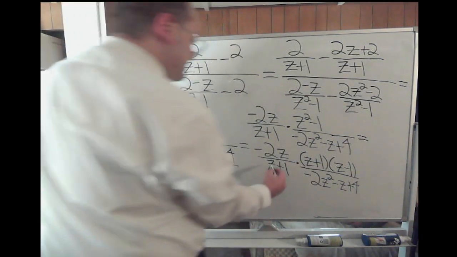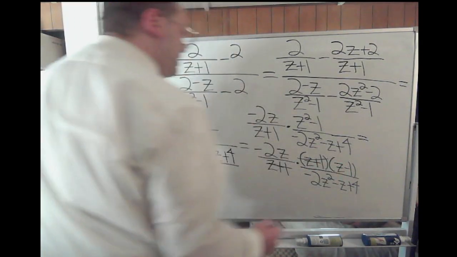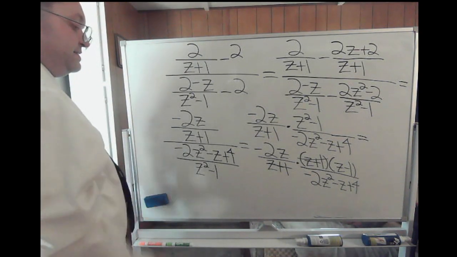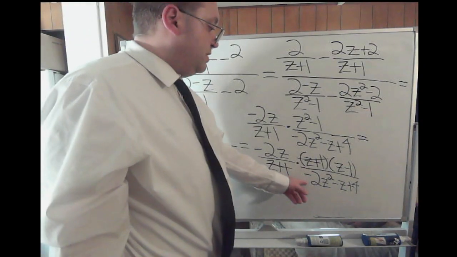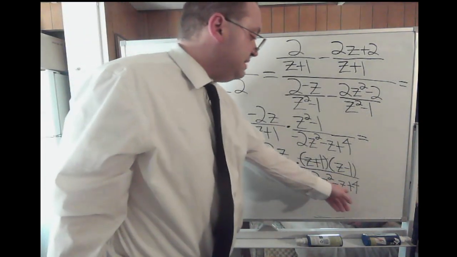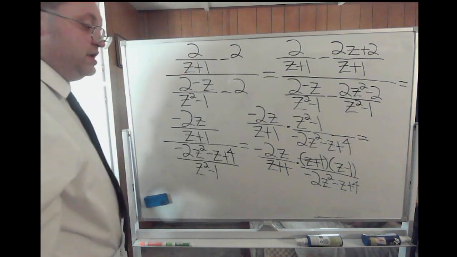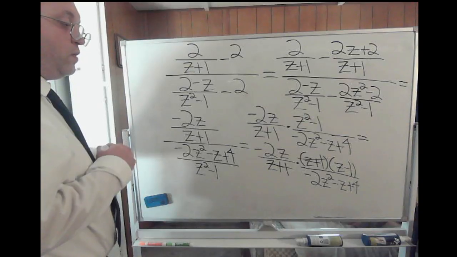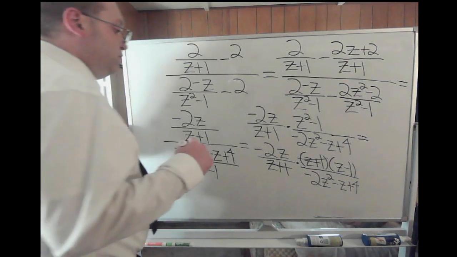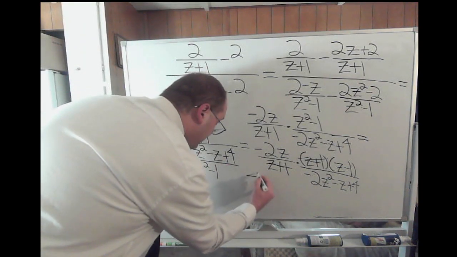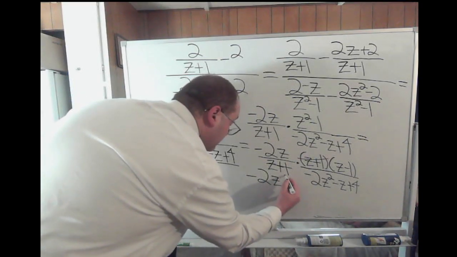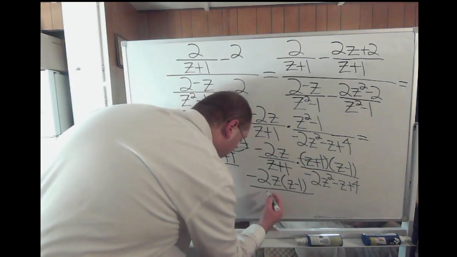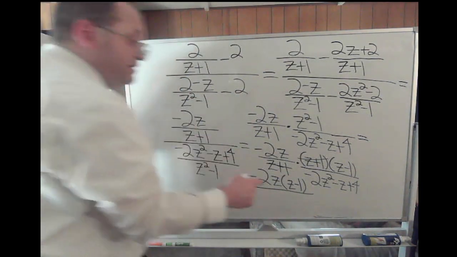Okay, well, it's clear that a z plus 1 cancels out between the numerator and denominator. And if we look at the denominator real quick, that negative 2z squared minus z plus 4 doesn't factor any further. You could go ahead and try it. You won't find any factors that work. So what you're going to have in the long run, you'll end up getting negative 2z times z minus 1 all over. You can factor out a negative, I suppose.